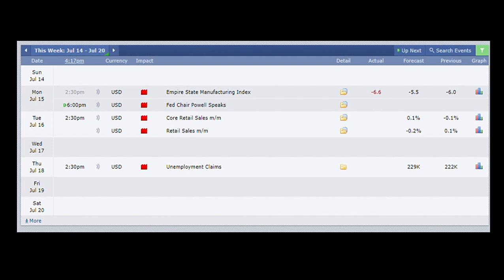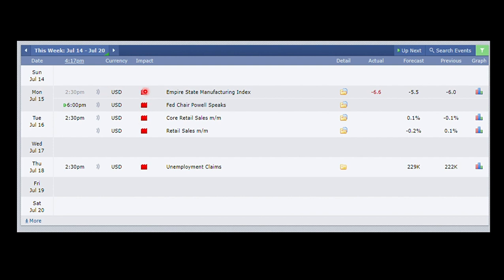This economic calendar is for the week of July 14th to July 20th, 2024. So you see on a Monday we had red impact or high impact news, which is demarcated by a red folder.